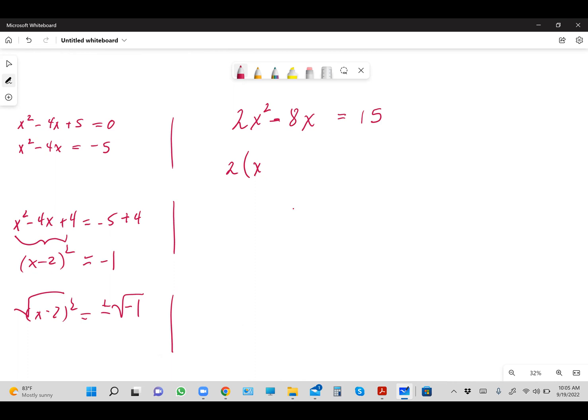So let's make it 2x squared minus 4x equal to 15. So I ask you, what is half of -4? -2. And -2 squared is 4.